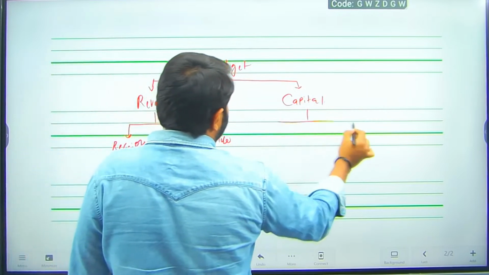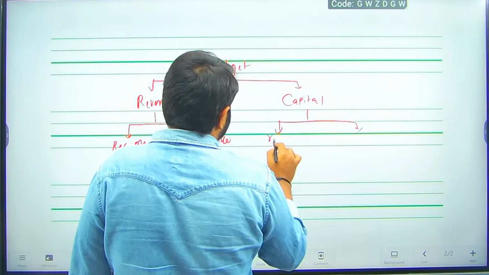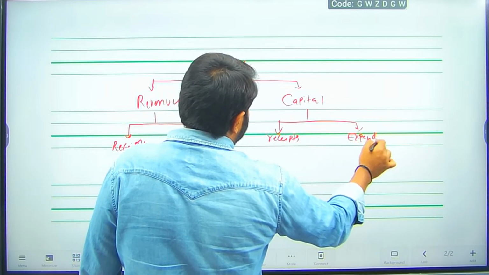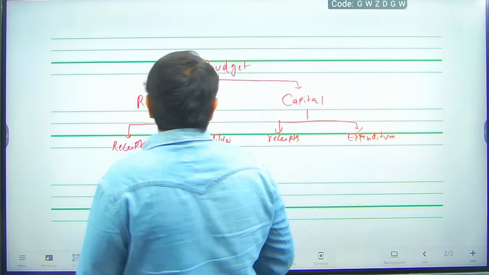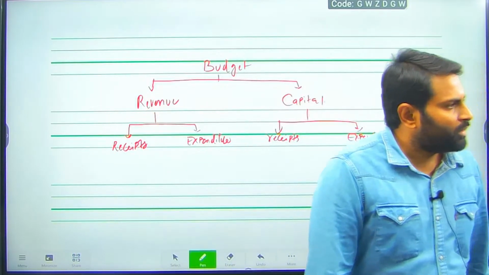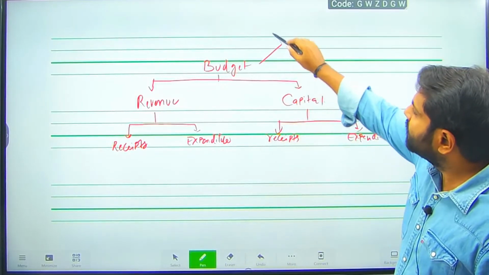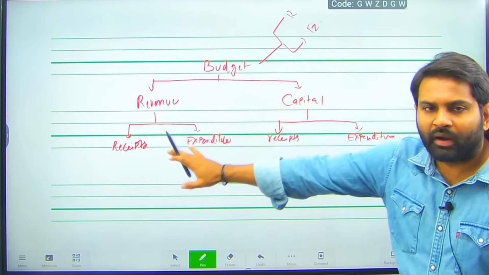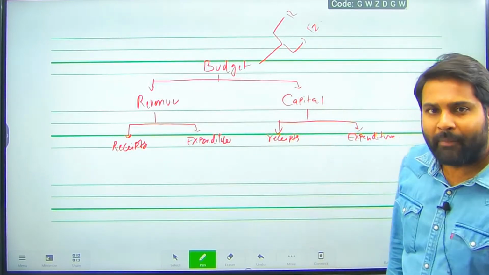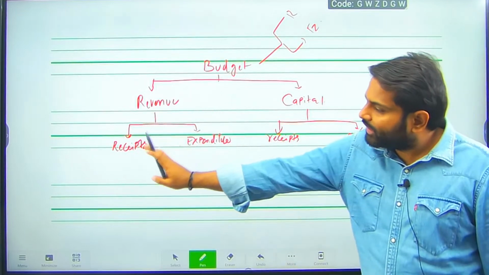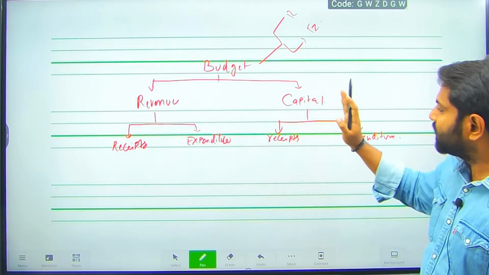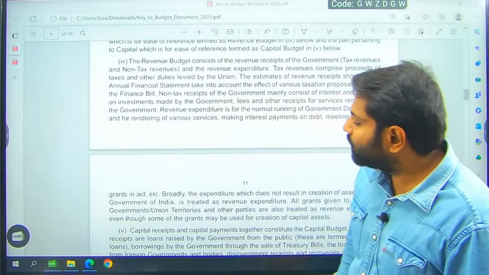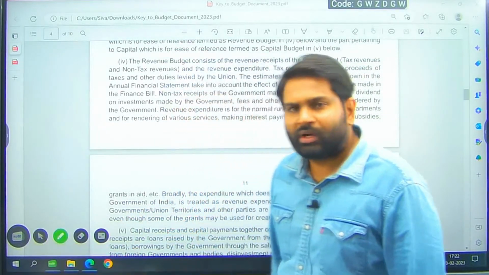In capital also we divide that into receipts and expenditure. Normally budget will have receipts and expenditure, right? This one we have broadened into revenue and capital budgets. We again have revenue receipts, revenue expenditure, capital receipts and capital expenditure. This is how we have demarcated them, and what they are we will try to understand.